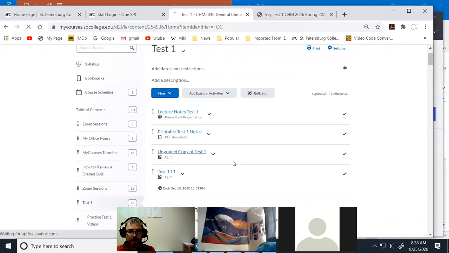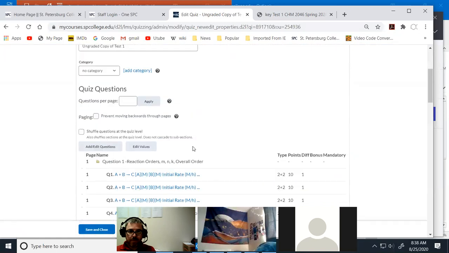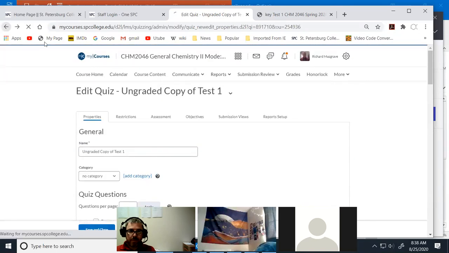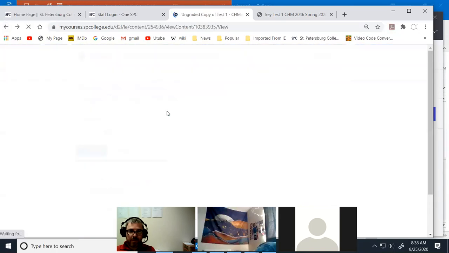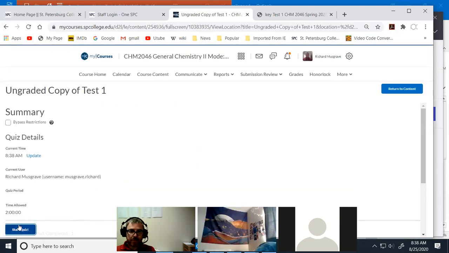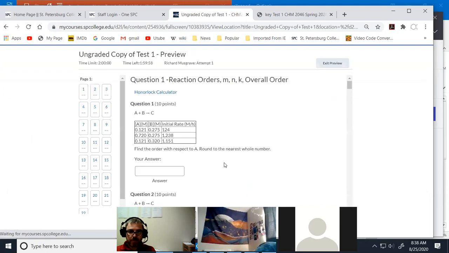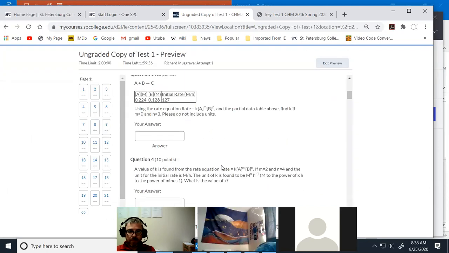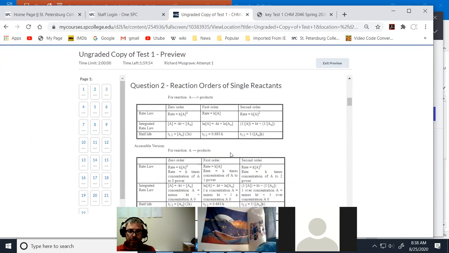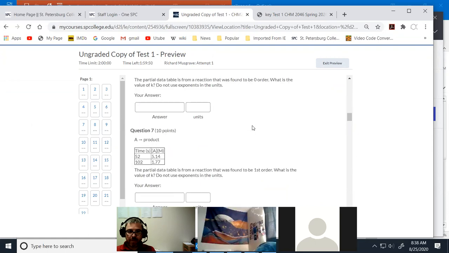All right, let's take a look at the kinds of questions we're looking at here. So question 2, reaction orders of single reactants, and these are all the questions associated with that.